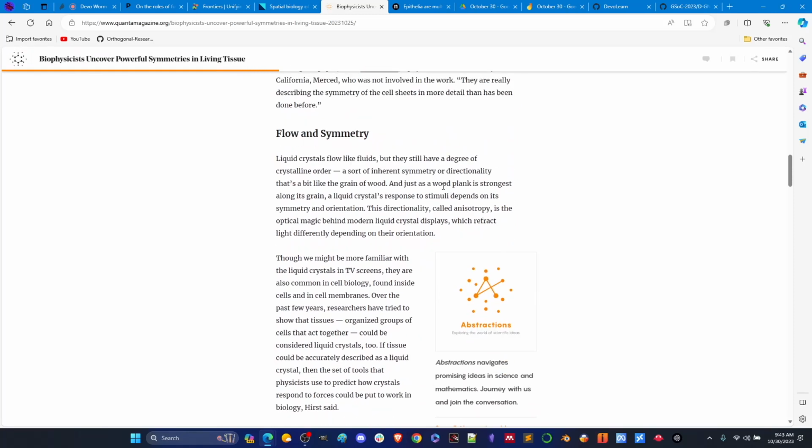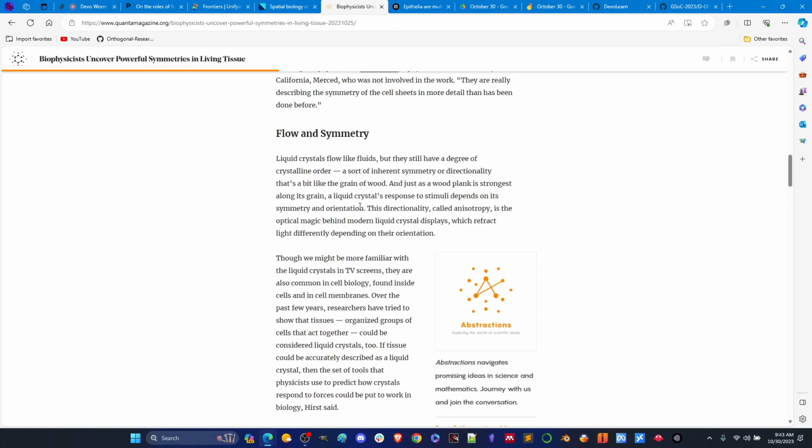So they talk about flow and symmetry. Liquid crystals flow like fluids, but they still have a degree of crystalline order, sort of inherent symmetry or directionality that is a bit like a grain of wood. The wood plank is strongest along its grain. Also, a liquid crystal's response to stimuli depends on its symmetry and orientation.